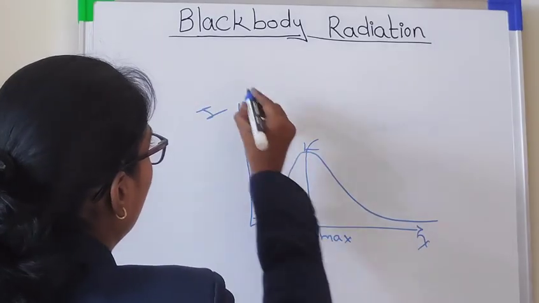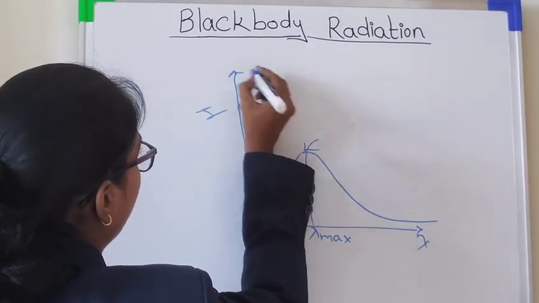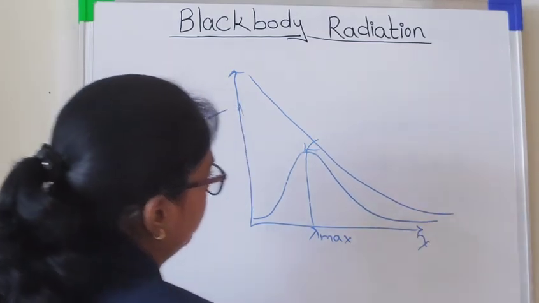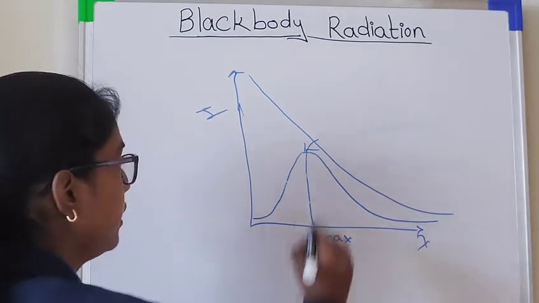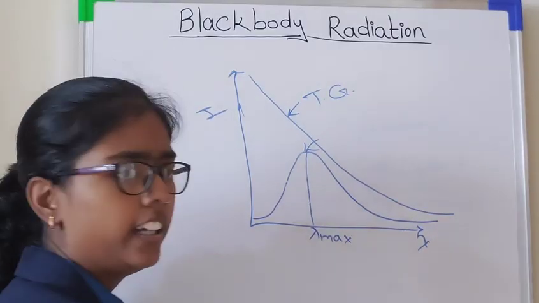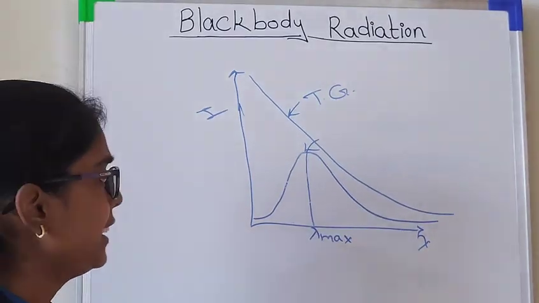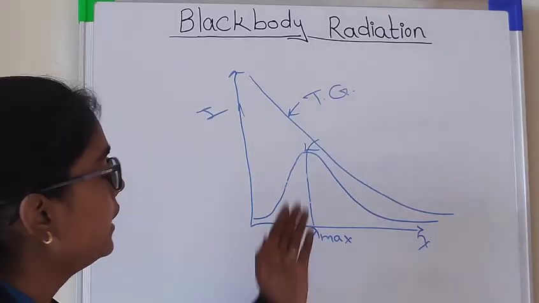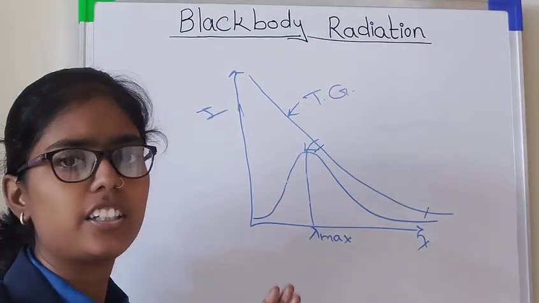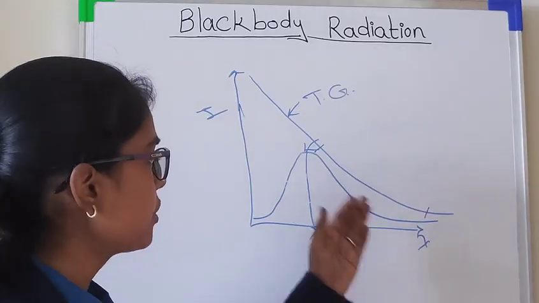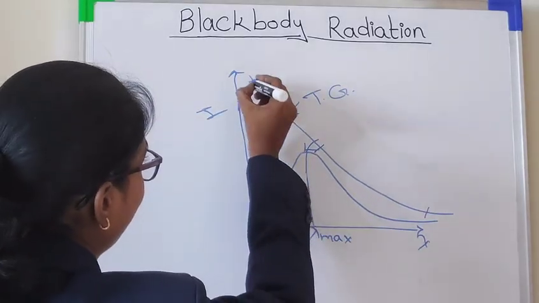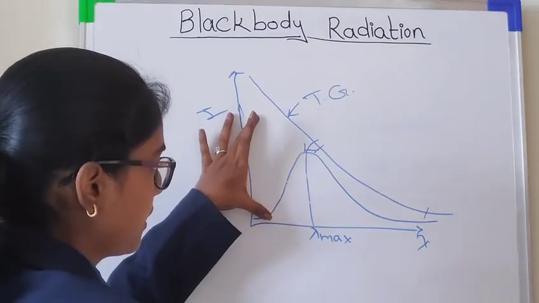That means this instant confirms the color of that particular body. But later, what is observed is that the theoretical graph is given by this. This is the theoretical graph. You can observe that the graph has similar properties, but there is a vast difference between the two.